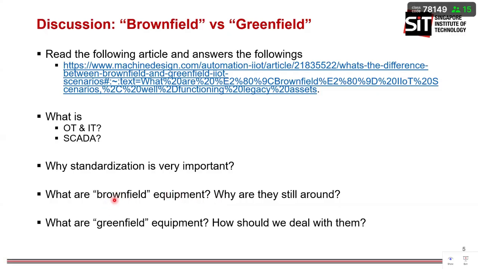And in the worst scenario, with brownfield equipment being legacy, the key personnel who left the company, and no proper documentation of the legacy system, then there's no way for anyone to really know how to interface. The key issue here is that to reverse engineer and recover all those details, it may be too costly as compared to replacing the equipment. So do be careful.